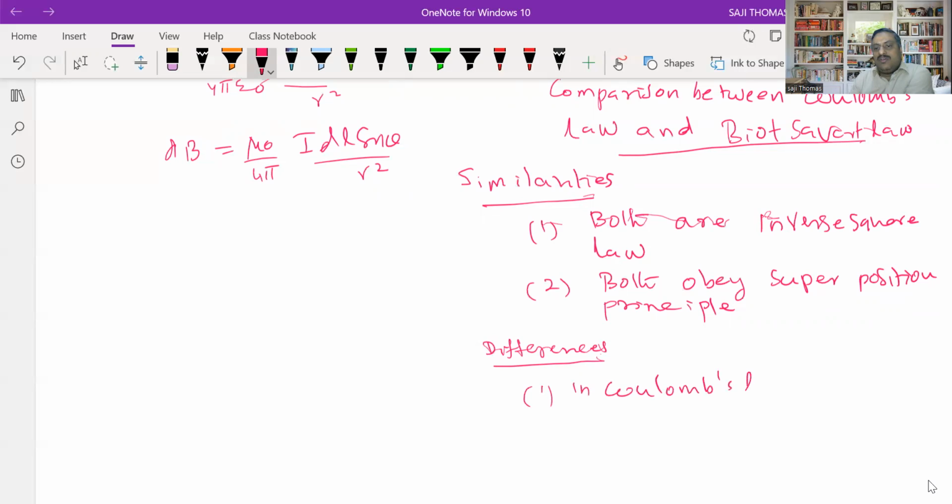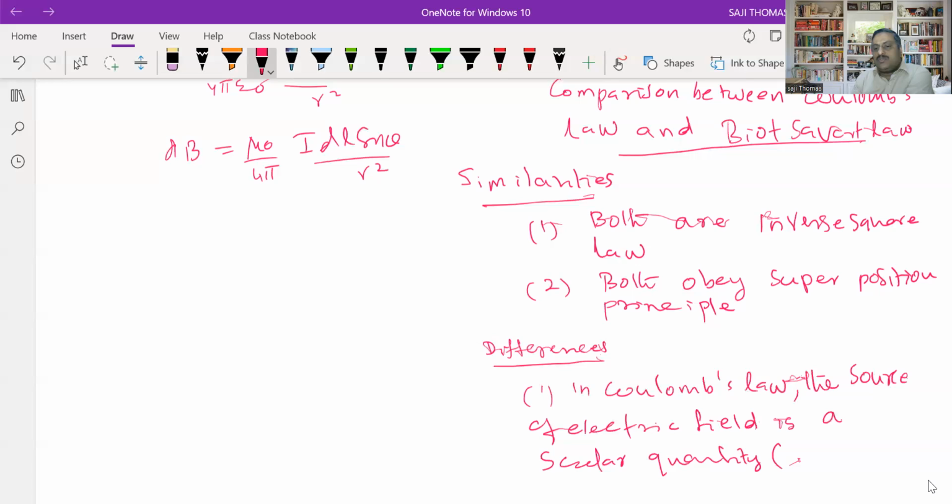In Coulomb's law, the source of electric field is a charge at rest, which is a scalar quantity. What is the source? Charge only, right?